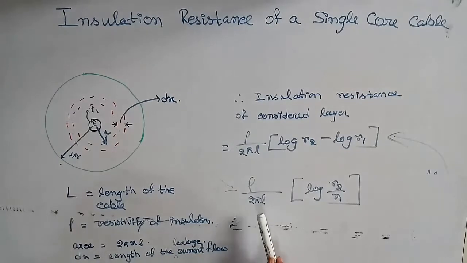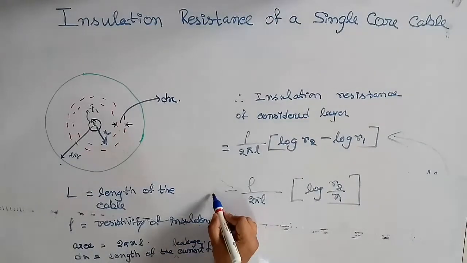Now this shows that the insulation resistance of a cable is inversely proportional to its length l. If the cable length increases, its insulation resistance decreases, and if the length decreases, the insulation resistance increases.